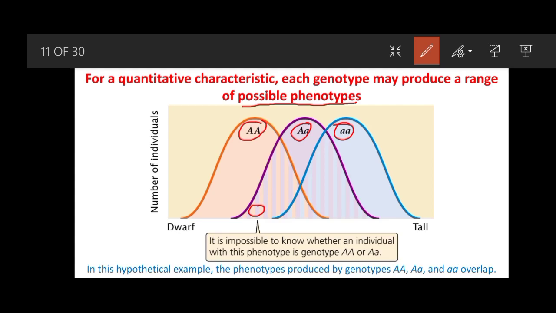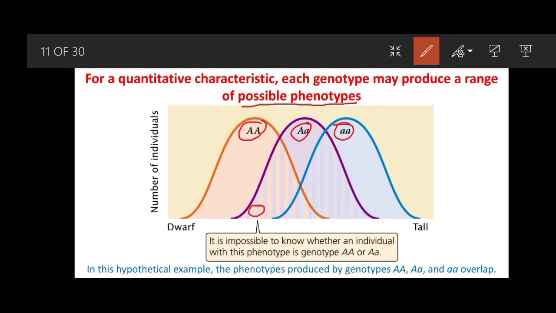These slight differences we are unable to identify, and we are unable to assign an exact genotype to the phenotype. This variation is attributed to the continuous or quantitative characteristic.